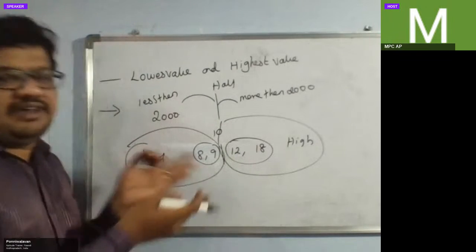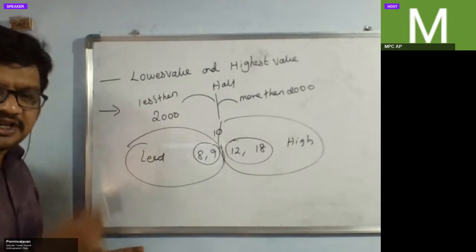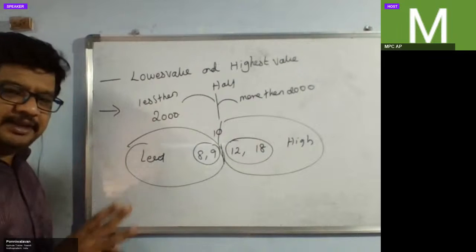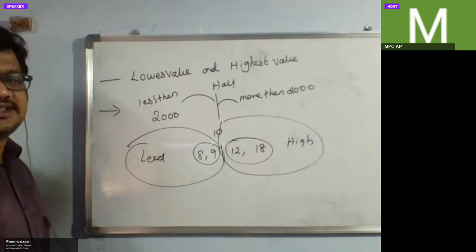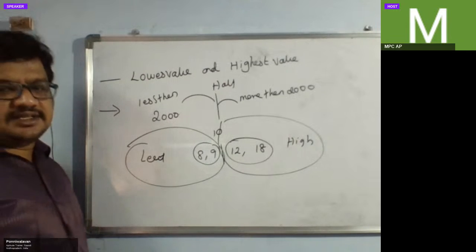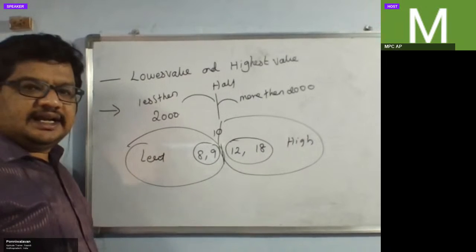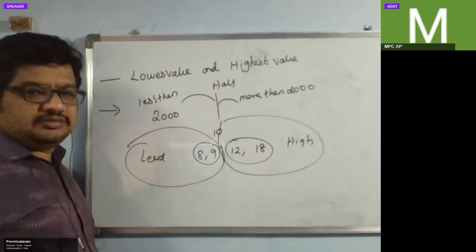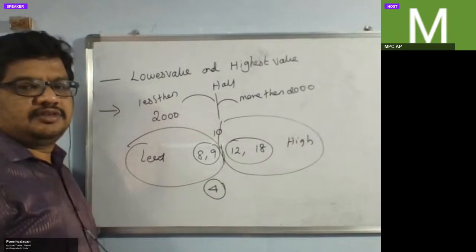If it is AP, the marks scored by the aspirants are in AP. Will it be in AP? No. So what is the answer? Neither 1 nor 2. Neither nor. 4.